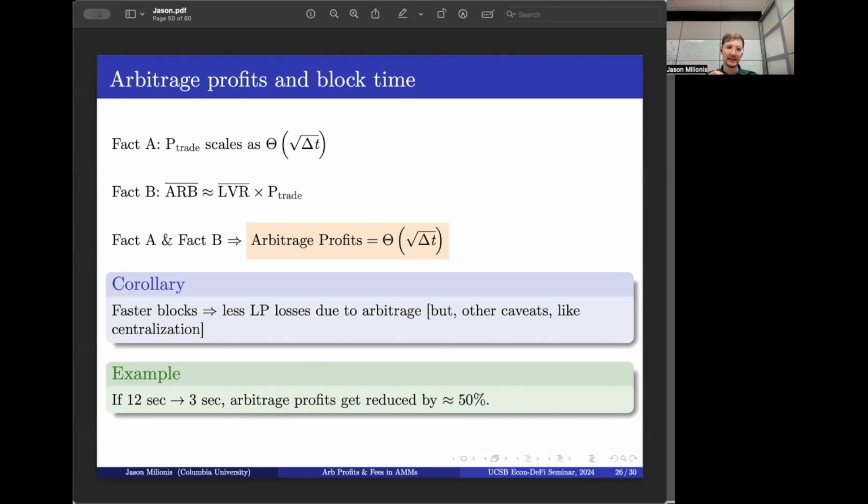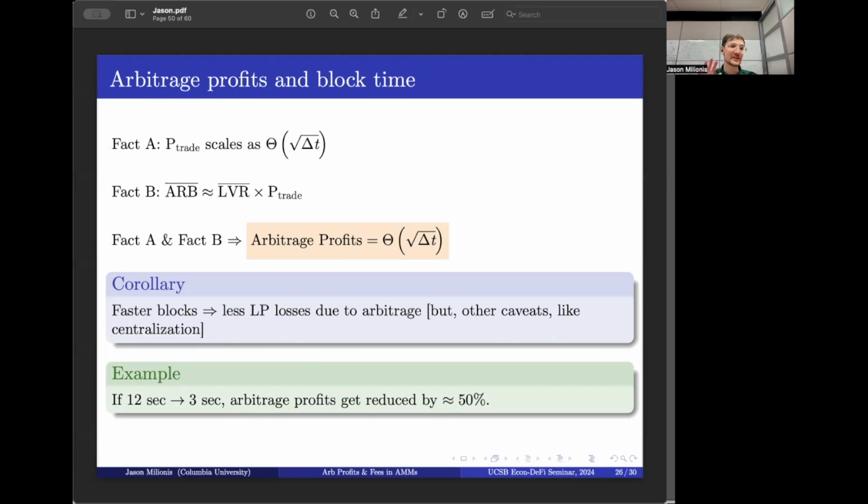By combining fact A and fact B, we get that the arbitrage profits go down with the square root of the block time as well. So one way to reduce arbitrage profits is to reduce the block time. This is great because it benefits the LPs, and presumably the retail traders are indifferent, or it's even better for them because they get cleared faster. So they obtain a faster confirmation.